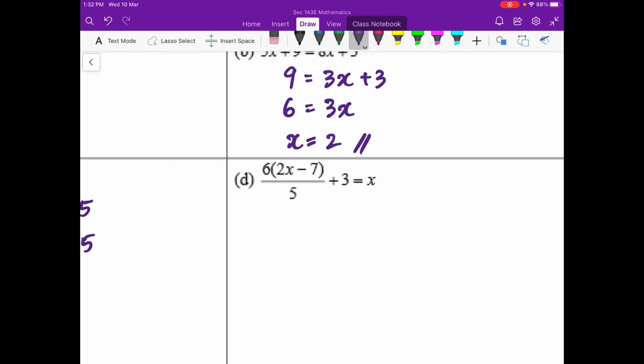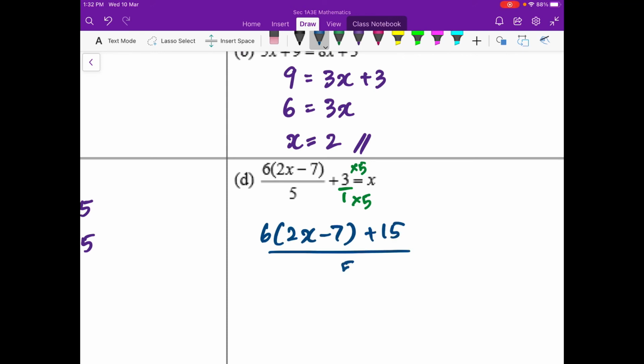Of course, you can subtract 3 on both sides also, up to you. But I would like to combine these two on the left hand side into one single fraction. That requires me to have the same denominator of 5. By doing so, my numerator becomes 6 times 2x minus 7 plus 15, over 5, equals x.